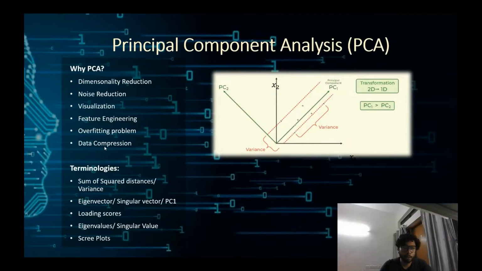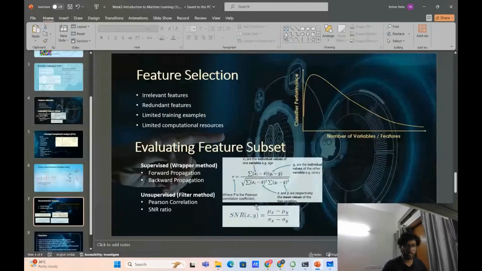Okay, some of the terminologies that are associated with PCA. Yeah, so I will quickly go to my notebook and let me see. Okay. I will explain some of the things.